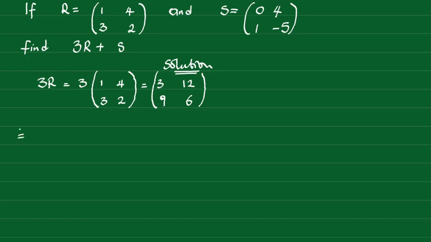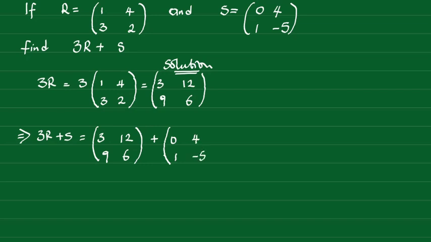Having got a value for 3a, we can now proceed to our value for 3a + s. So we have 3a + s equal to (3 12 9 6) plus (0 4 1 -5).